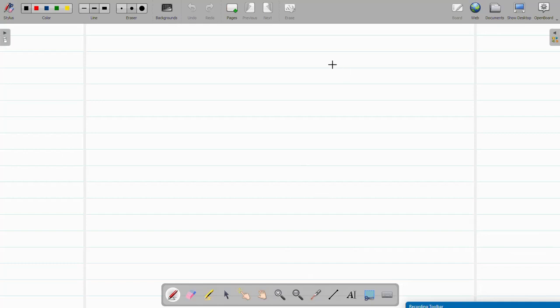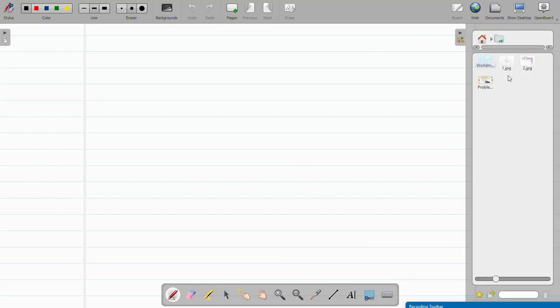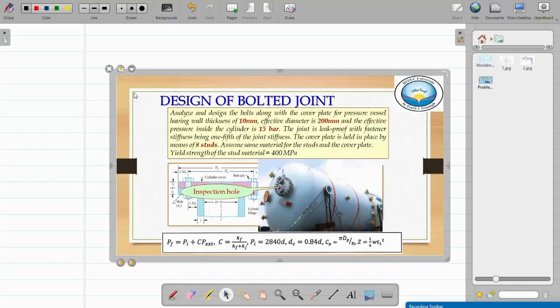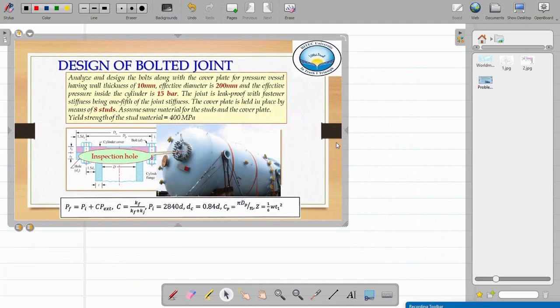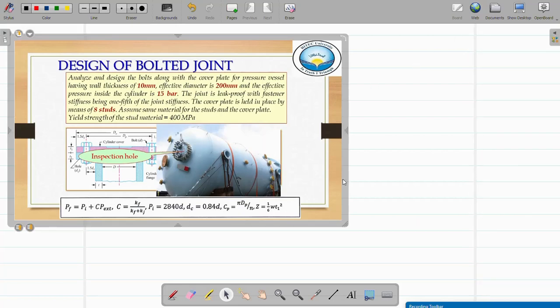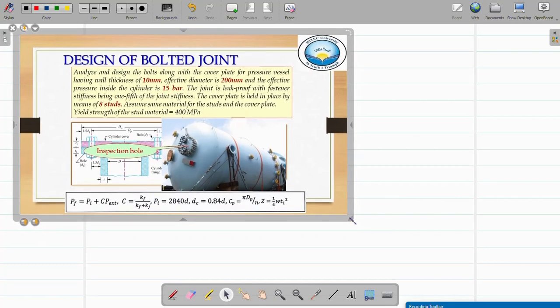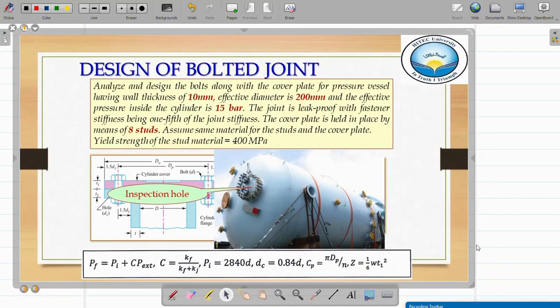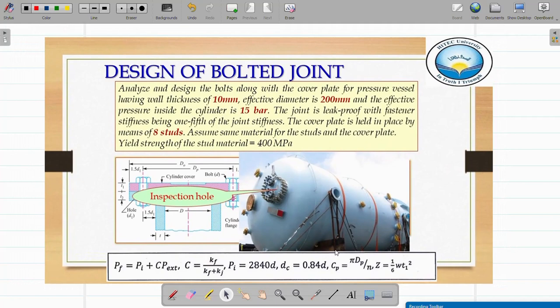First I will import the numerical problem. This is our numerical problem, written here, so you can see. The problem says that what you want to do is analyze and design the bolts along with the cover plate.